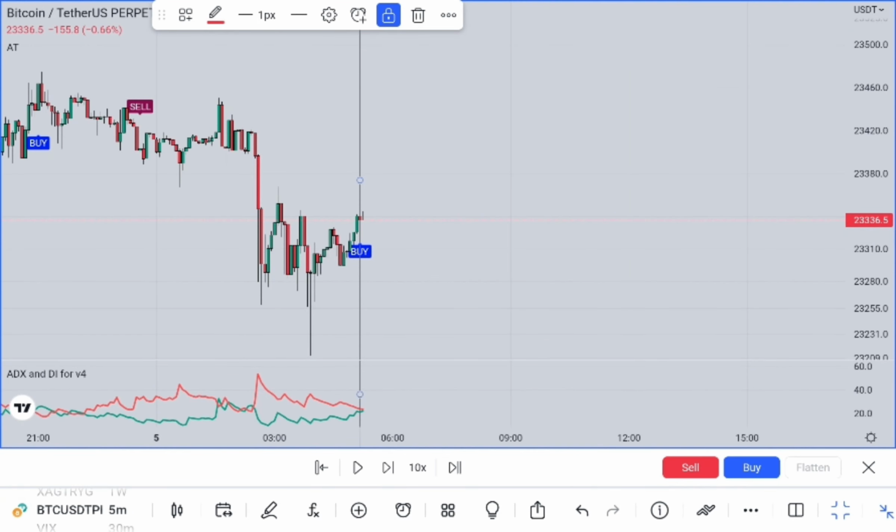A buy signal appeared here, but on our ADX indicator the red line is at the top. We are passing this signal.